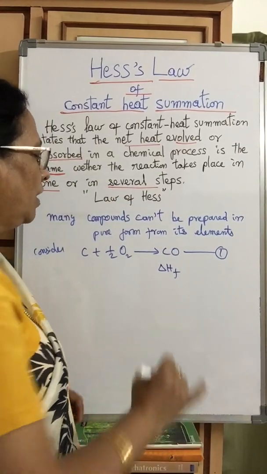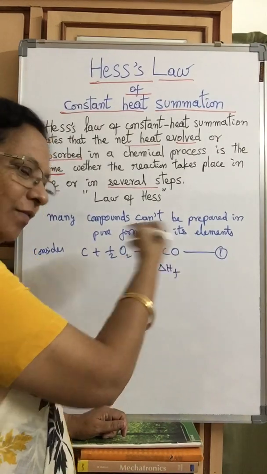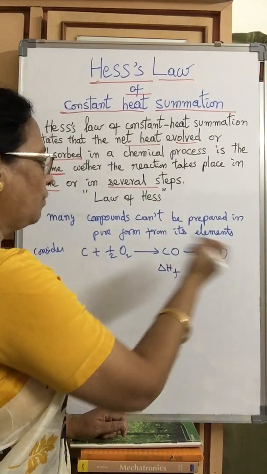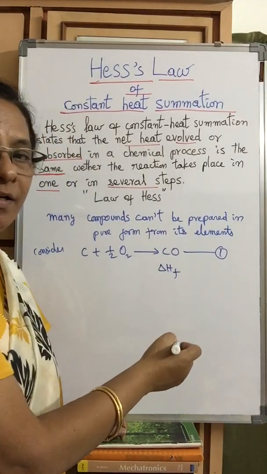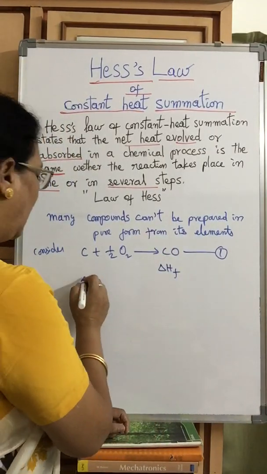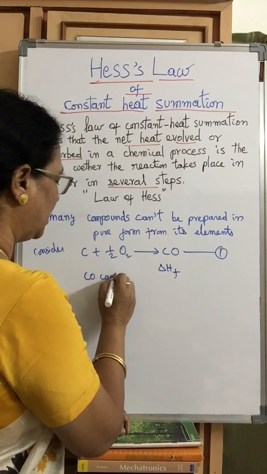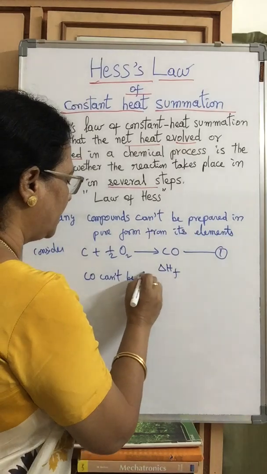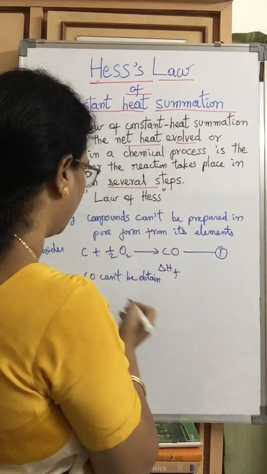Why? We know whenever we are trying to prepare CO, along with the CO, some CO2 will also be formed. CO cannot be obtained in a pure form. This example, if you understand clearly, that only is Hess law.